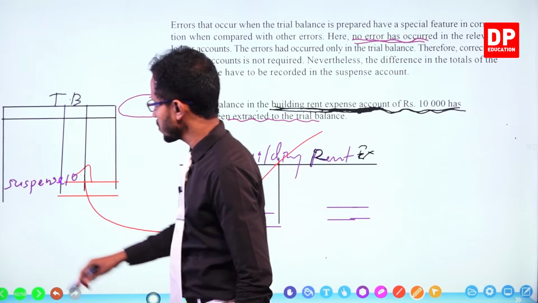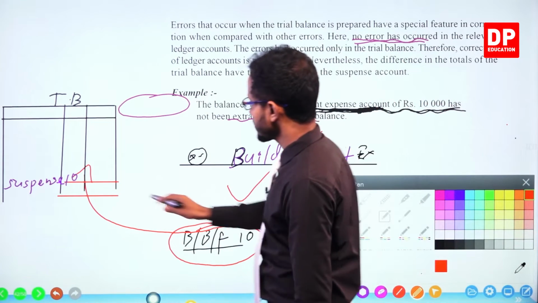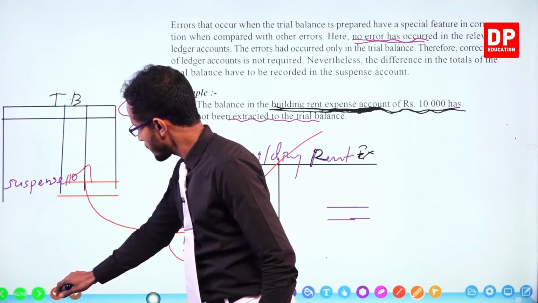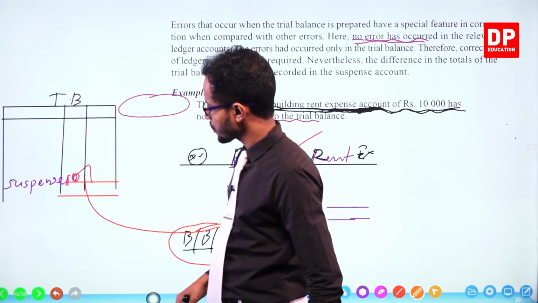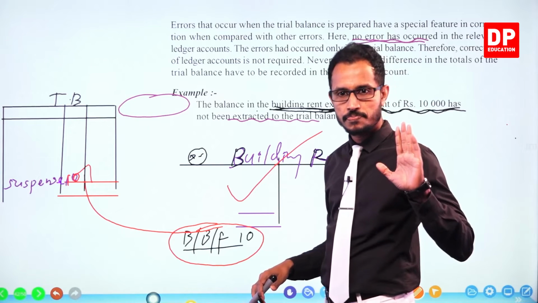The shortage of 10,000. Okay. Up to now, are you clear?